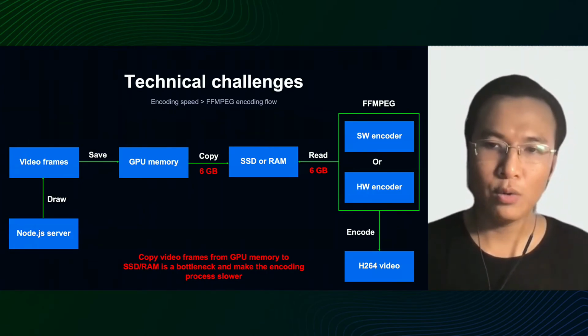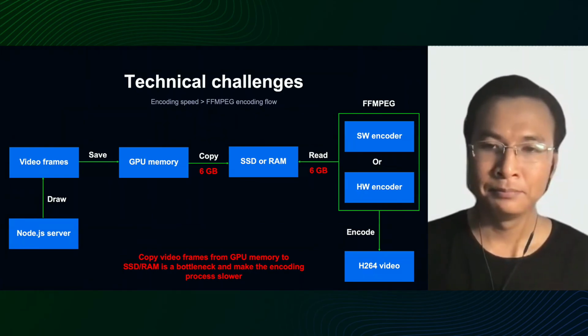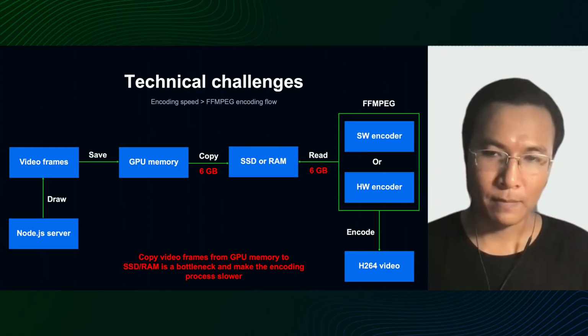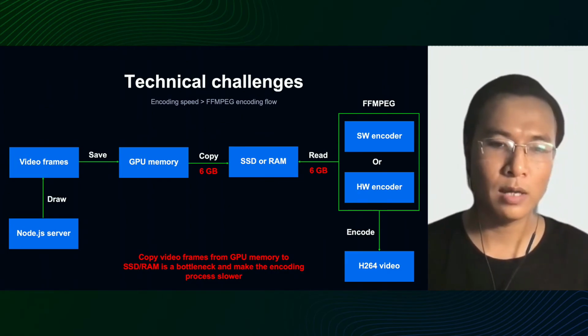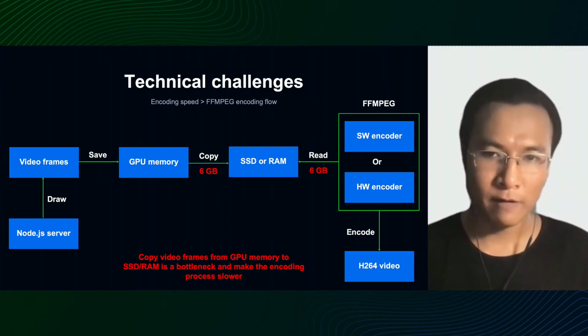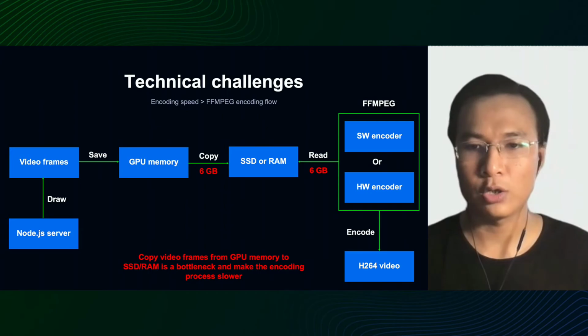I would like to show you how we can create videos with FFmpeg. After drawing, video frames are stored in GPU memory. To do the encoding with FFmpeg, these video frames need to be copied from GPU memory to another place that FFmpeg can access, such as random access memory or solid-state drive.